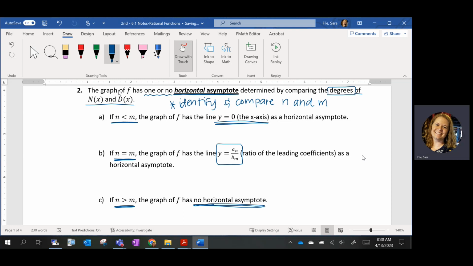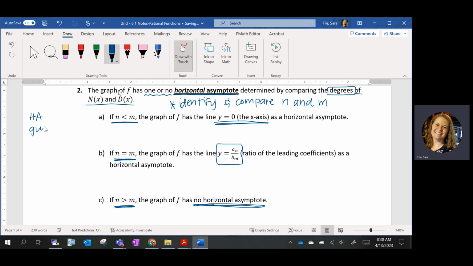So with polynomials, we did the leading coefficient test. We said, is the degree even or odd? Is the coefficient positive or negative? And we figured out our end behavior, right? So with a rational function, we're going to do this comparison to see, is there a horizontal asymptote? That is our end behavior.